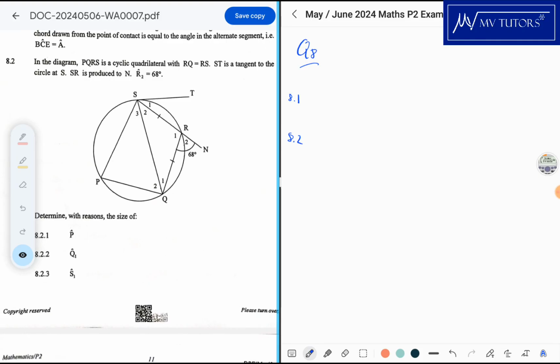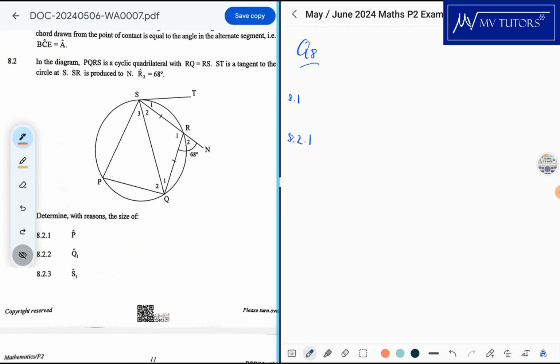All right. So now 8.2.1 says determine with reasons the size of P. So where's P? This is P over here. And I'm going to look at the external angle of a cyclic quad. Remember, the external angle is R2. So our external angle here is 68.